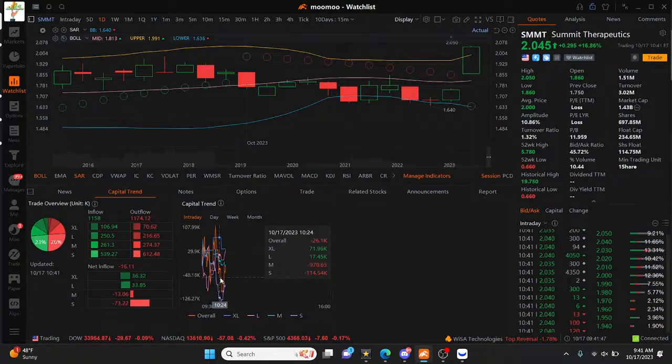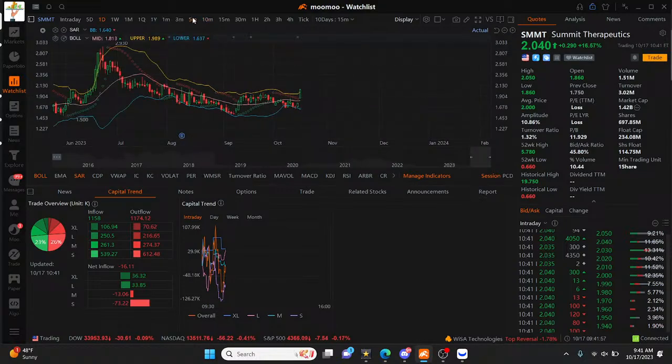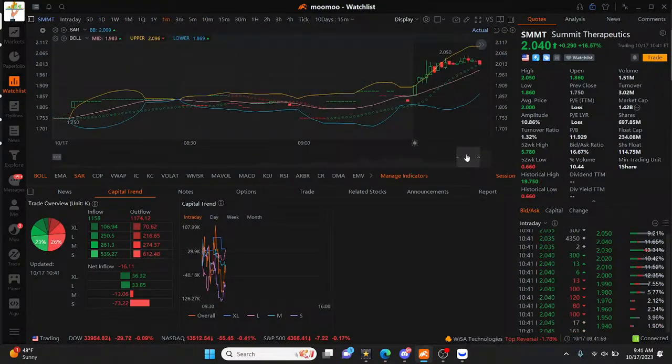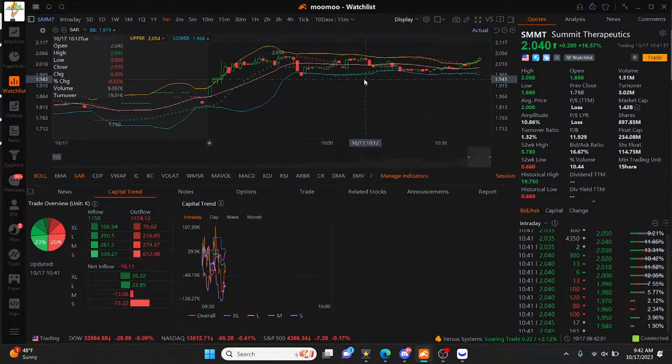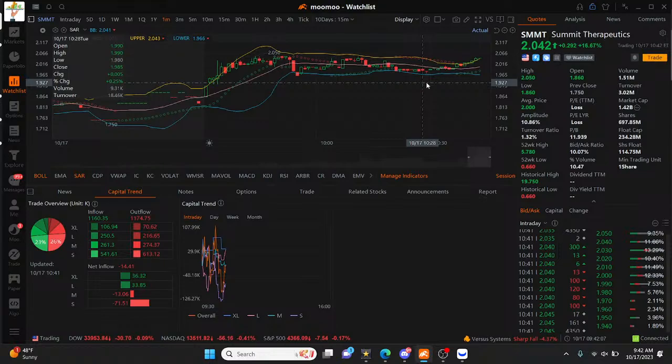And the outflow just picked up right there.